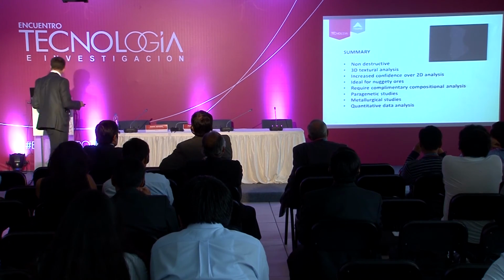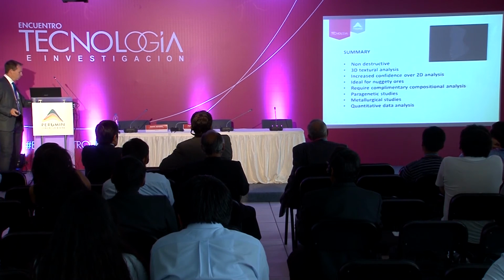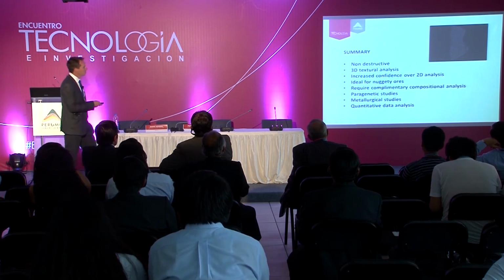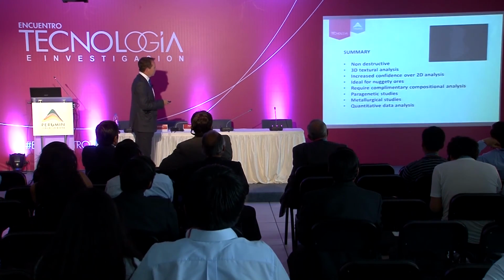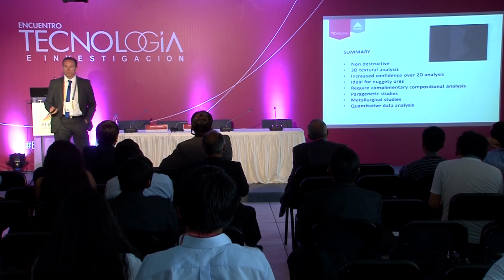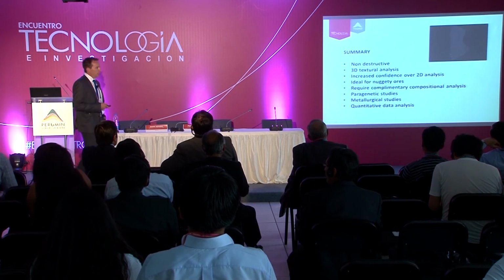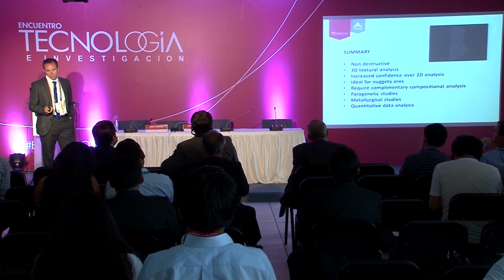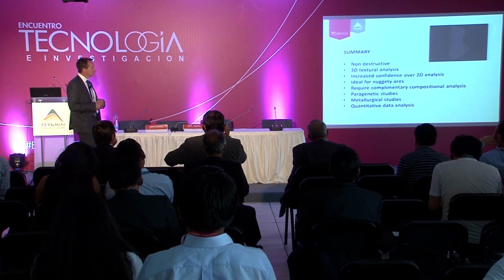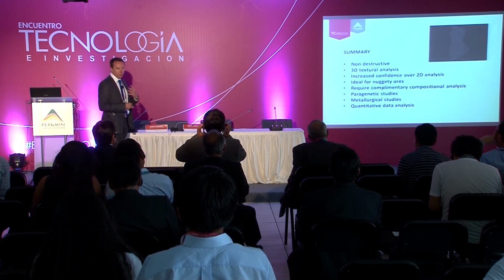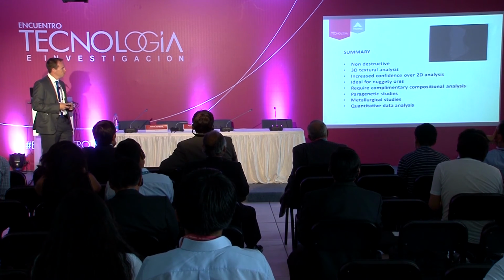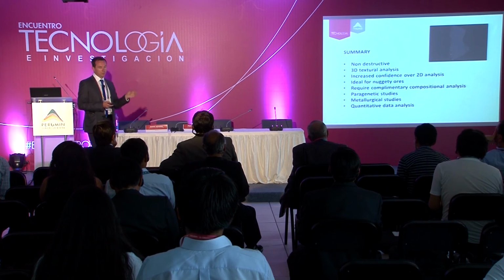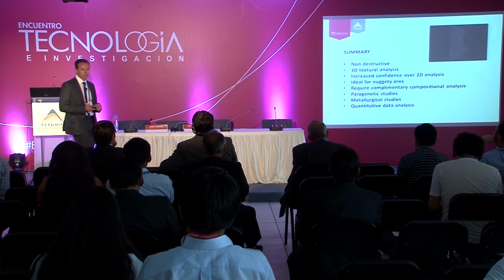Okay, so I'll summarize that. I'll put the dendritic gold up again because that's a good one. So it's a non-destructive technique. Its main advantage is that it gives you three-dimensional textural information, and therefore a lot of increased confidence over 2D analysis, ideal for things like nuggety ores and where you have a clear density contrast.